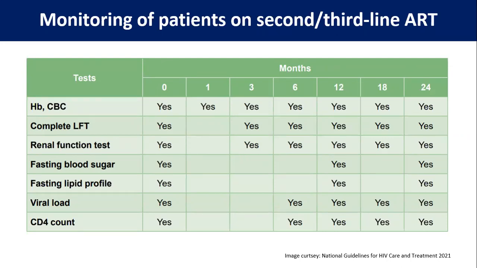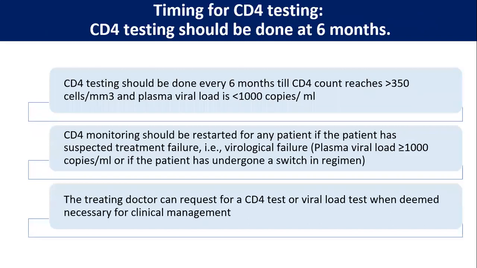If we stop it based on the CD4 and viral load criteria, then it will be stopped, and we can restart CD4 monitoring as and when clinically indicated, or when the patient is expected to go for a transition to some other ART. The timing for CD4 testing is every 6 months till CD4 count reaches 350 cells per cubic millimeter and plasma viral load is less than 1000 copies.